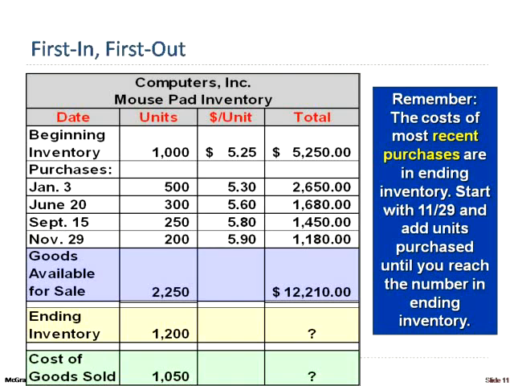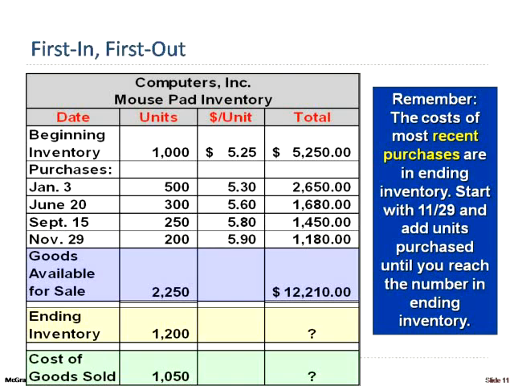First, let's use the first in, first out method to determine the cost of the 1,200 units in ending inventory. Remember, when we are using the first in, first out method, the costs of most recent purchases are in ending inventory.